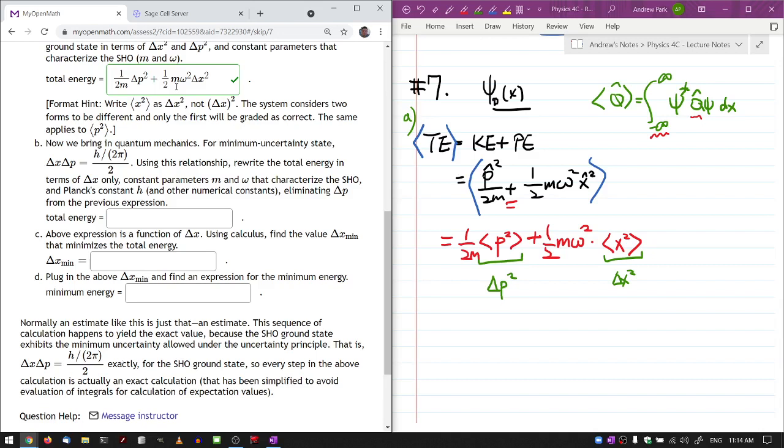Okay, let's see here. Instruction here is rewrite the total energy in terms of delta x only, constant parameters and omega.